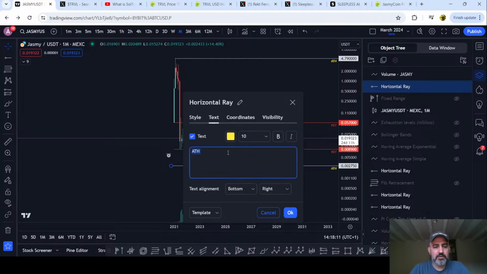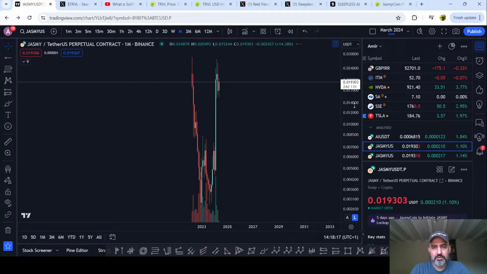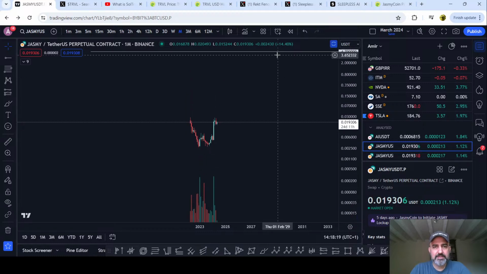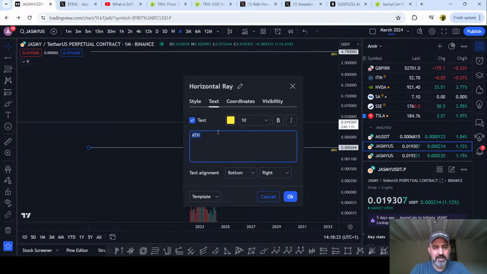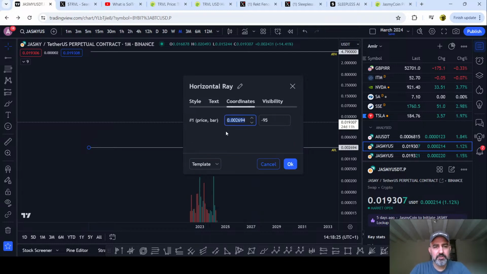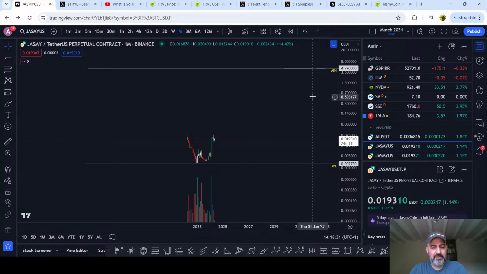That's about right on MEXC. That's correct. So let me just use the same value on Binance perpetuals. Exactly the same value. All-time low 0.00275. So once you have that data in, very helpful.